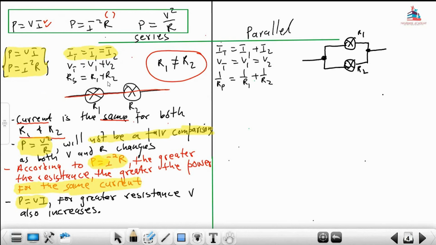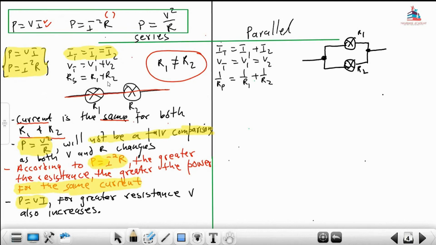So with this, we explained that I total is equals to I1 plus I2. V total is equals to V1, which is also equals to V2. And then we have our resistance now decreasing.